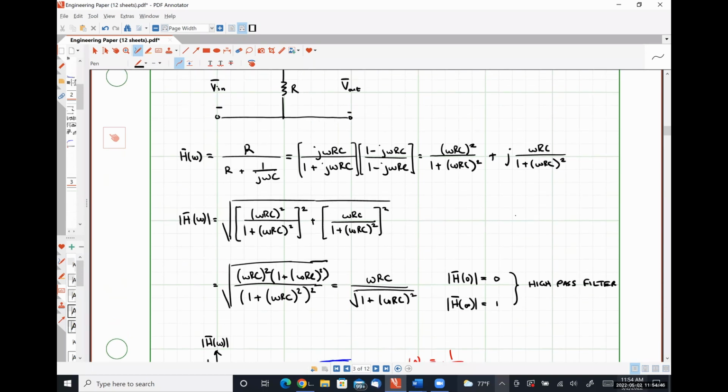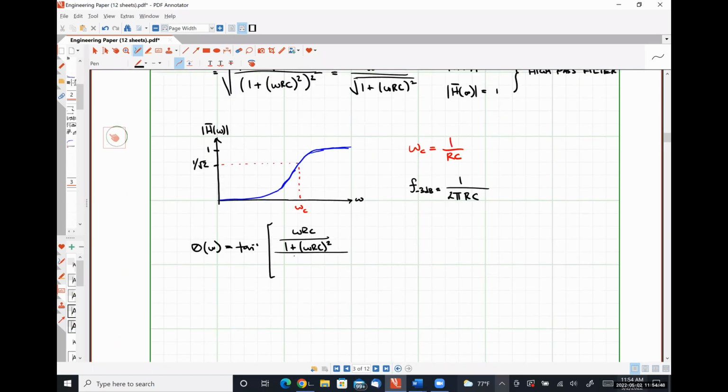Just making sure I'm doing this right. Yep. Omega RC squared over 1 plus omega RC quantity squared, which gives us the inverse tangent of 1 over omega RC. We have, yes.